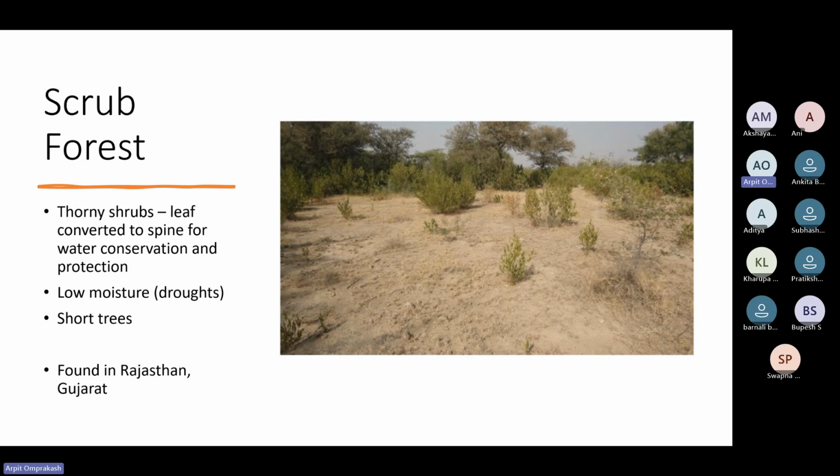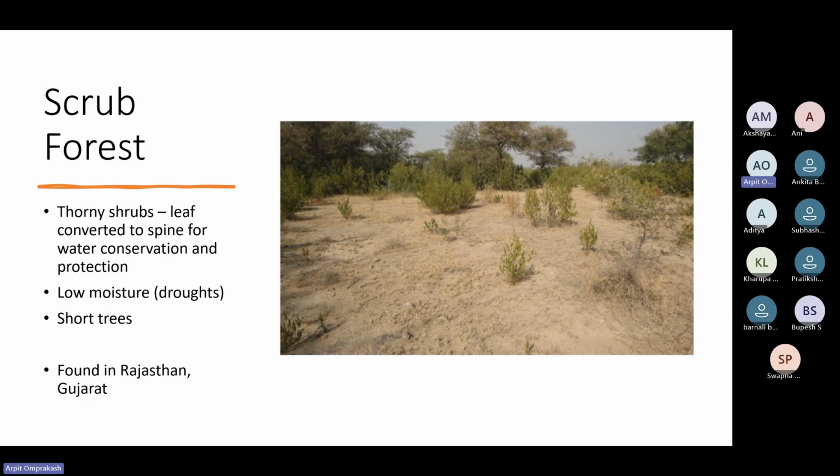So the trees that are generally found here are very short. And whatever trees are found here generally have thorns. Their leaves are converted to spines to prevent loss of water and also to give protection. They also generally have a waxy covering on their stem that prevents loss of water and also reflects heat.